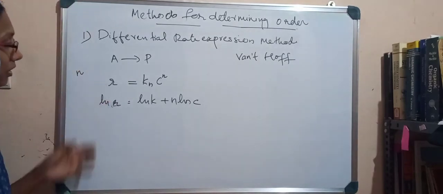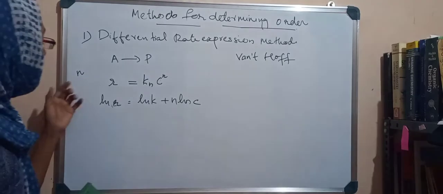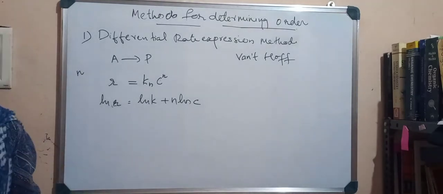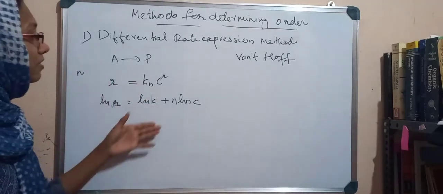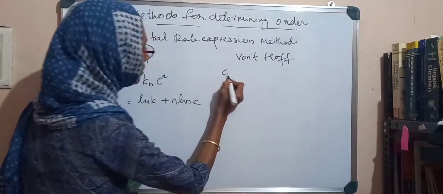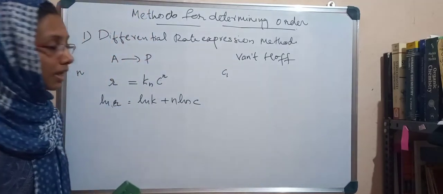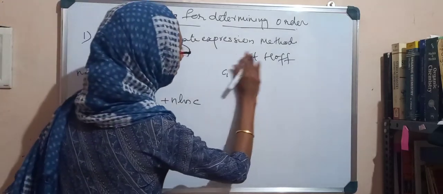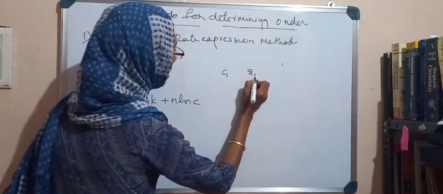So in this method, we determine the rate of the reaction at various concentrations. We take the concentration C1 of the reactant and determine the rate as R1.